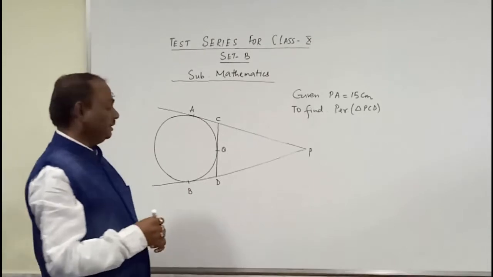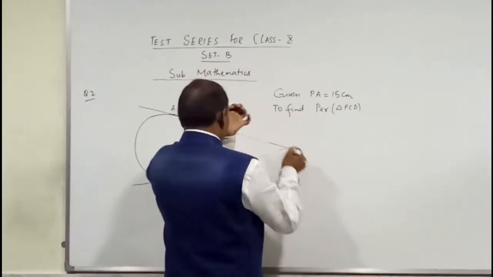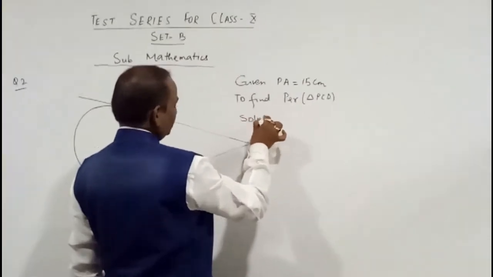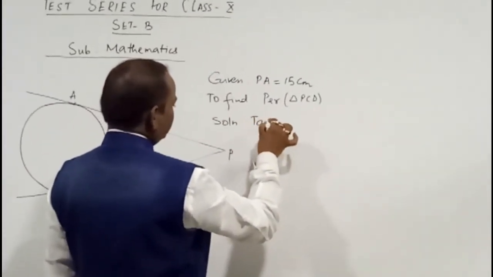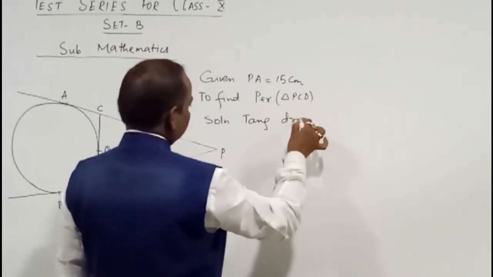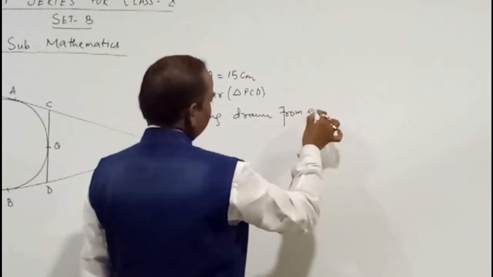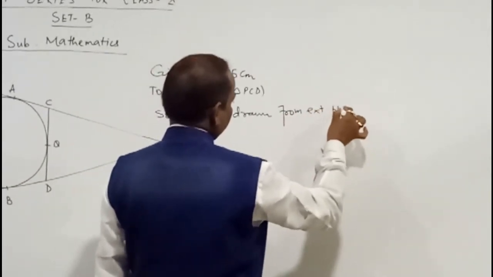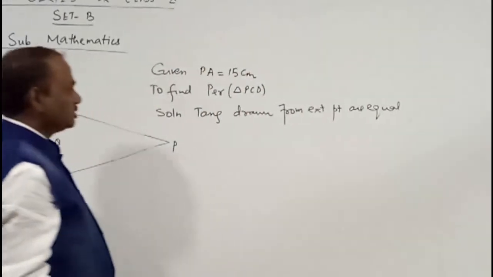Now, for all these three, we need to use only one property, and we'll write that property first. So the solution of this particular question will begin this way. We'll write tangents drawn to a circle from external point are equal. We just need to mention this point once.